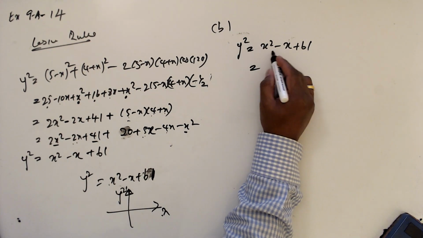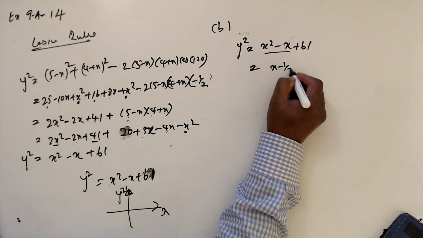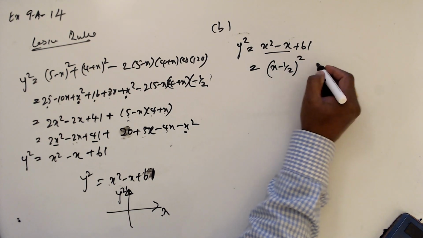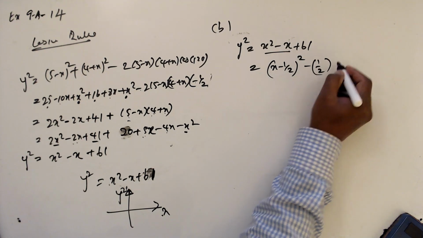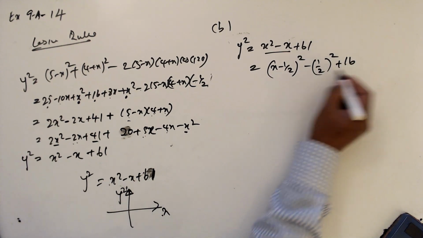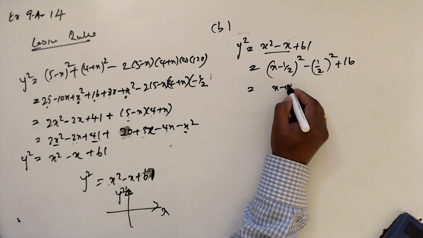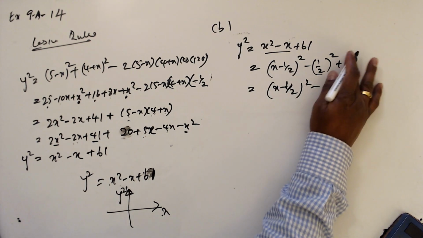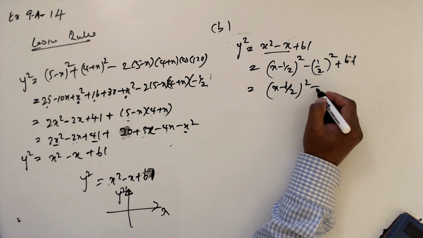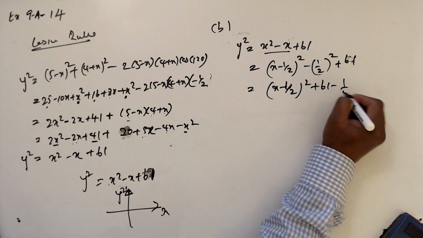So completing the square: x minus half, squared, minus half squared, plus 61. So x minus half squared, this is 61 minus 1 over 4.